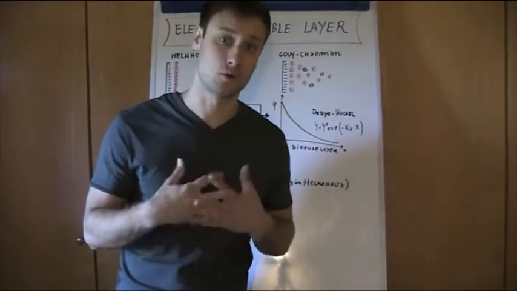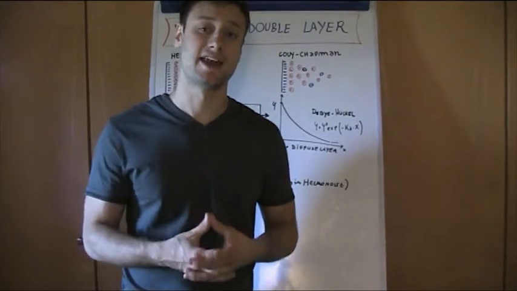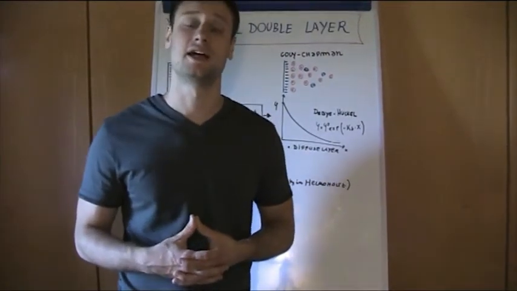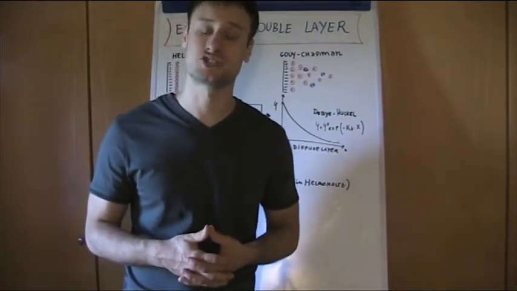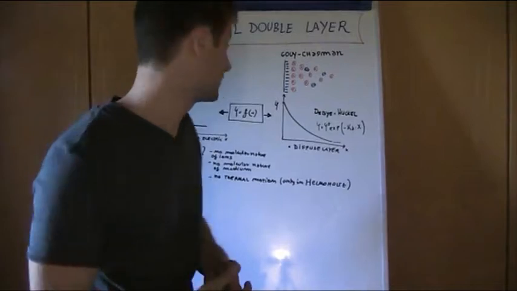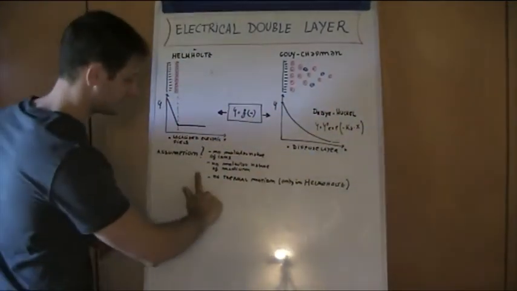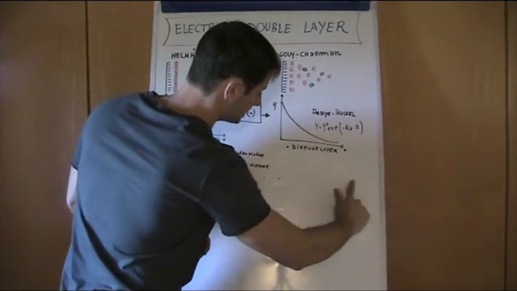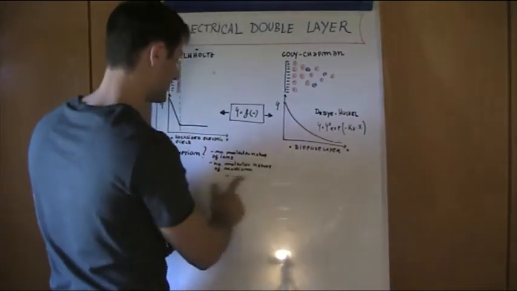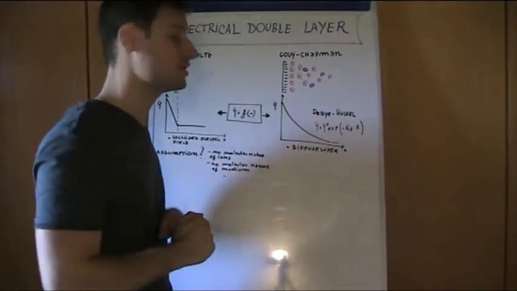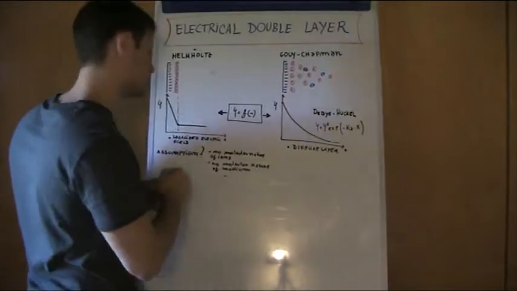Now I want to start speaking about another more precise model, that is the Stern model. So basically, passing from the Helmholtz one to the Grahame-Chapman, we have eliminated this assumption. And now, passing from the Grahame-Chapman to the Stern model, we are even eliminating this assumption.